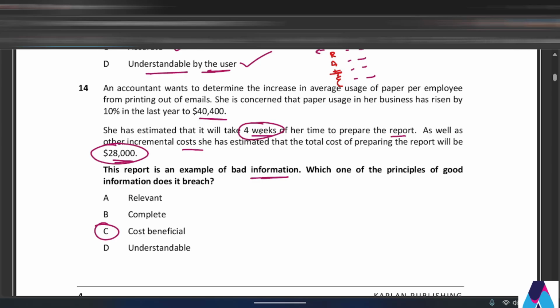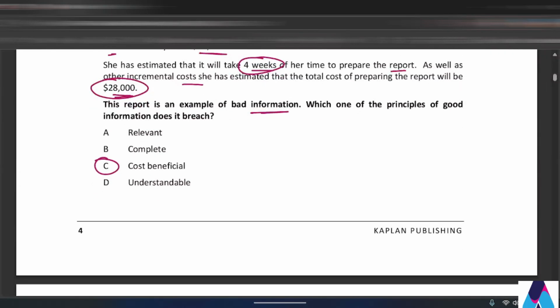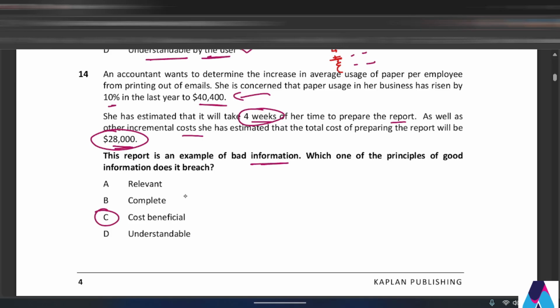She is just preparing the report to present this fact to the senior management, that see, our paper usage has increased by 10%. So if you look at the cost to benefit side, it's not that beneficial, right? So it's cost benefit, and you cannot say that it's not complete because the information has not been compiled yet. Relevance cannot be understandable.